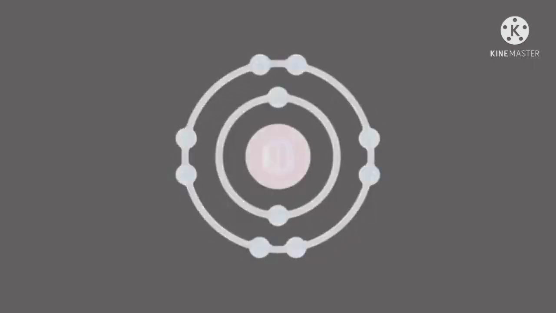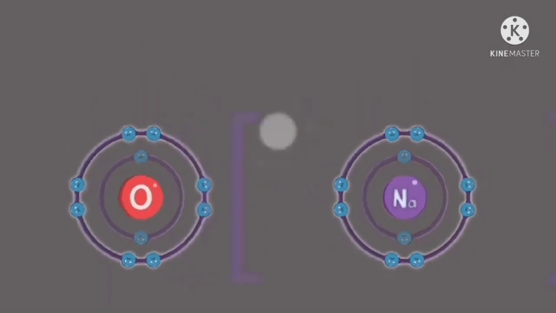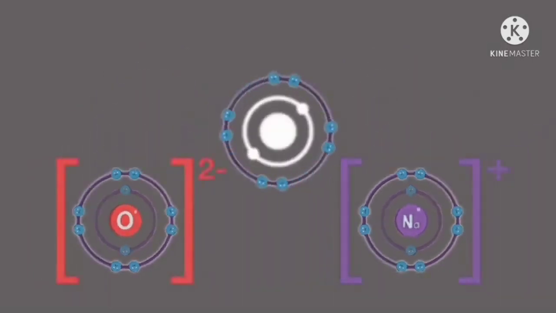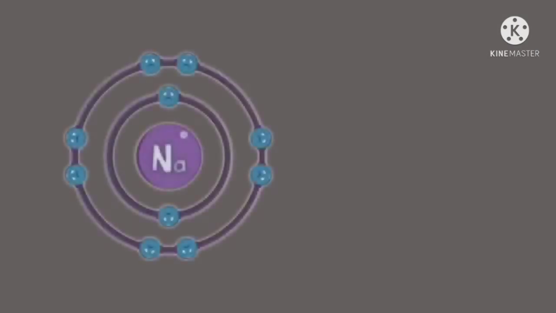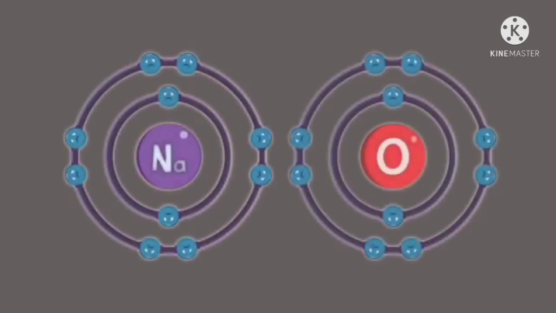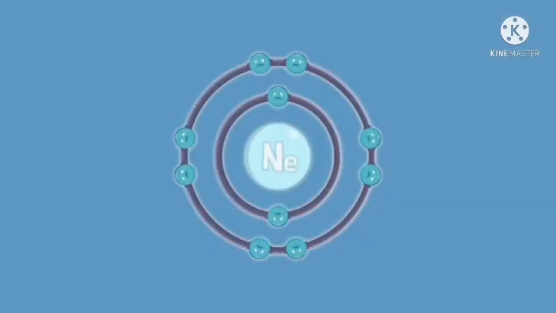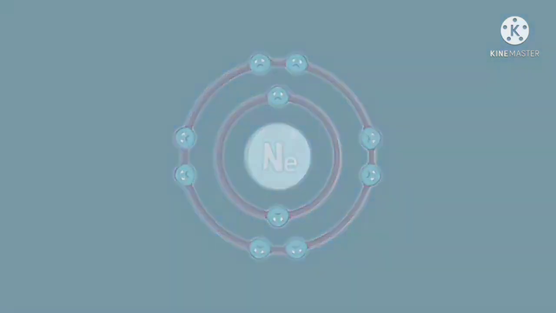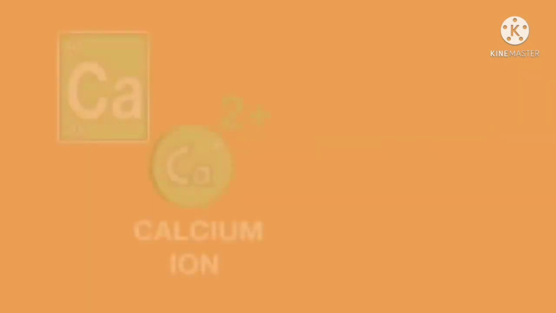See here I am showing you sodium and oxygen. For negatively charged, gaining electrons, O 2 minus; for sodium, plus is given, because it is positively charged. What about the case of neon? As it is an inert gas, it is stable, so it is neutral, it doesn't acquire any charge.